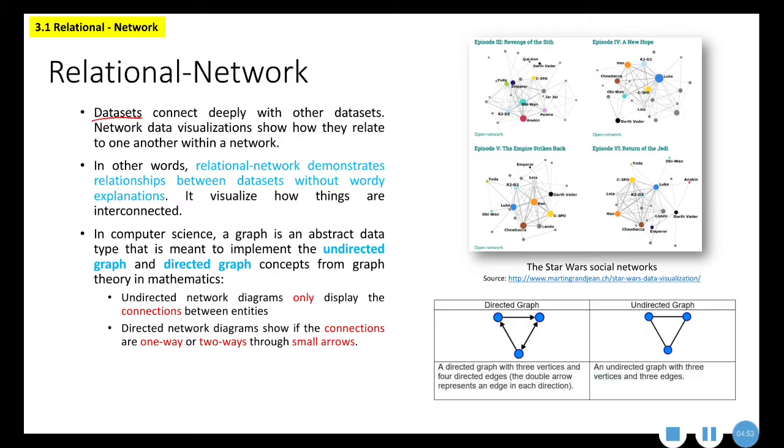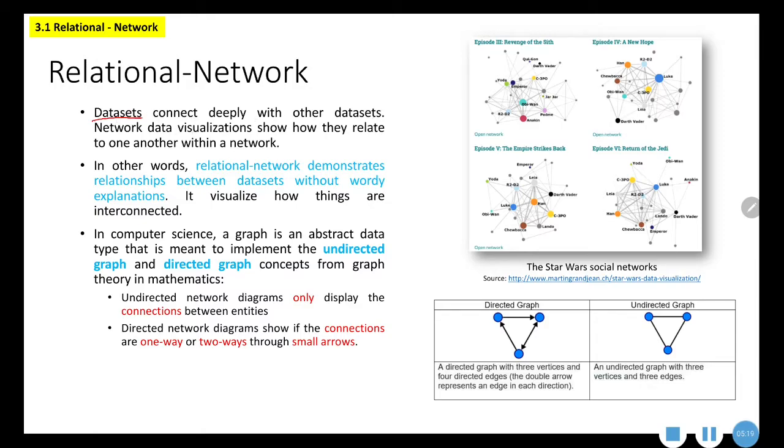Within one table or one file of data, we have plenty of attributes, or columns of field values. Those are called data sets. And in each table we have rows of data. So data sets consist of a collection of attributes, and data sets connect deeply with other data sets.